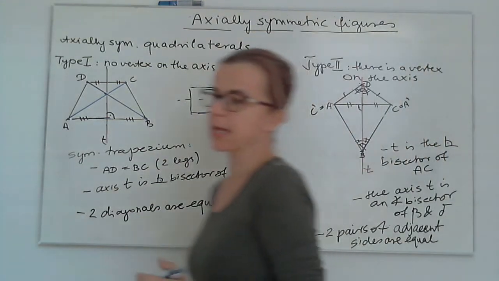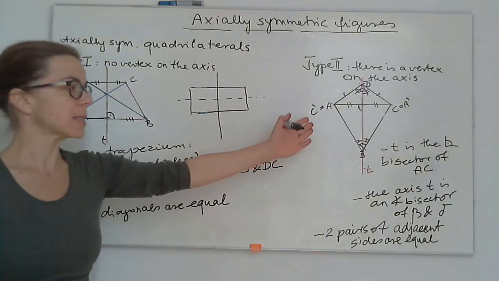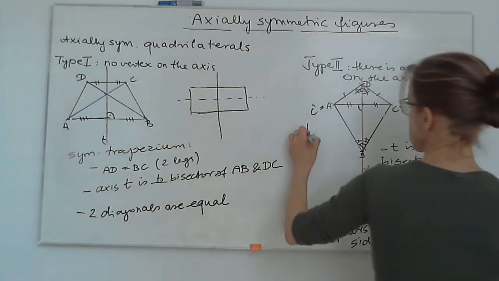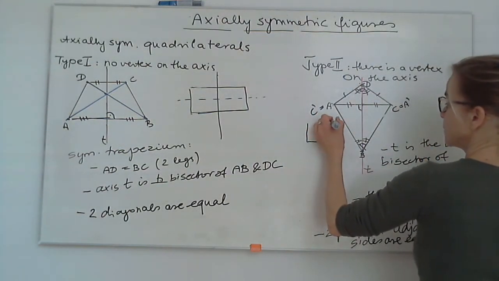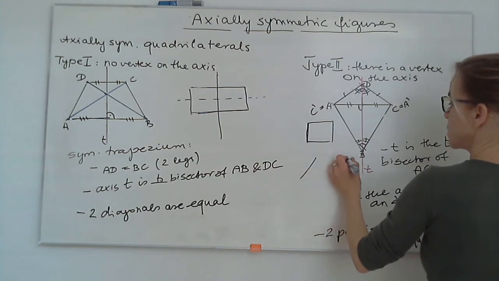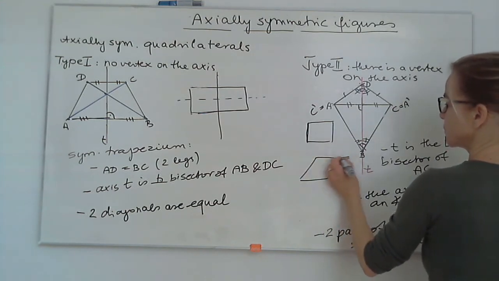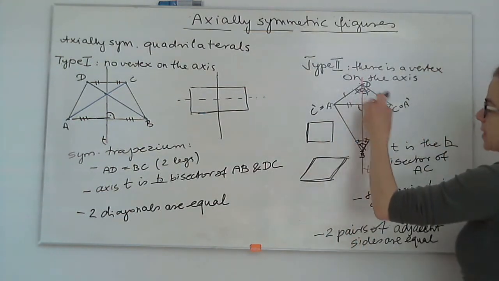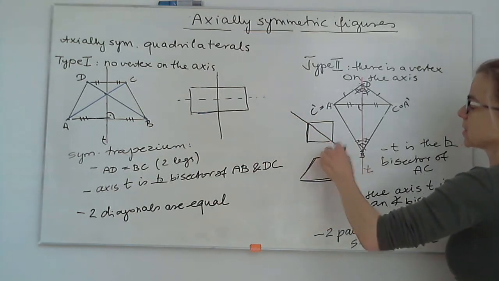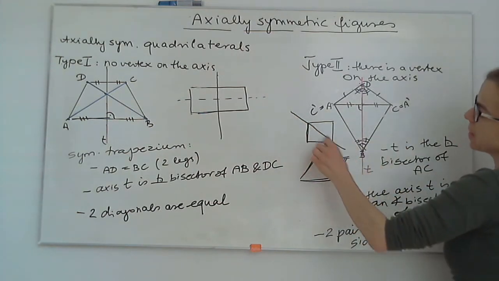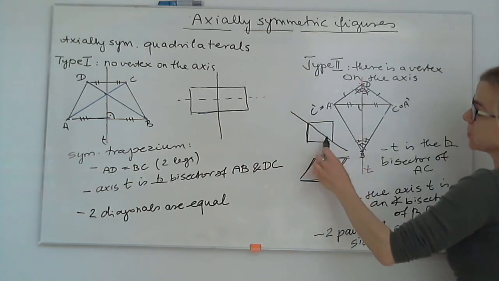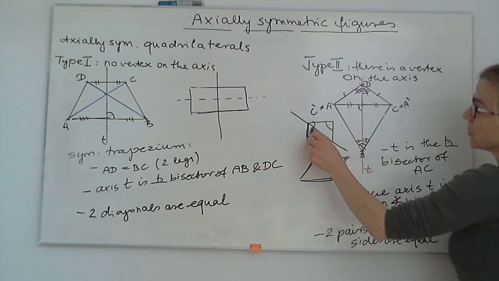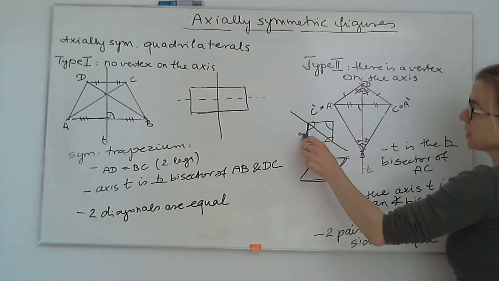Okay? And once again, it doesn't mean that the kite is the only type of axially symmetric quadrilateral. For example, the square and the rhombus, I'm trying to make it a rhombus and not a parallelogram, are subcases, because if you take this vertex, this axis, then everything is going to be like in a kite with a special property of having four right angles and all sides equal.